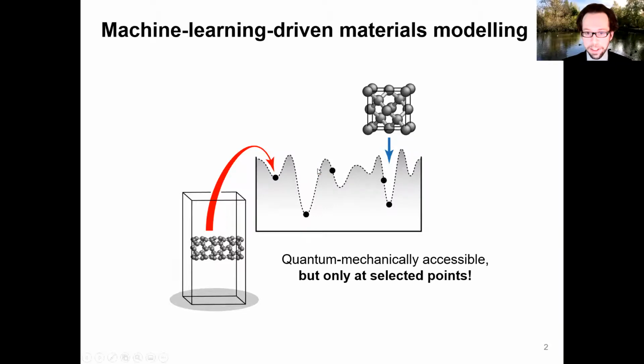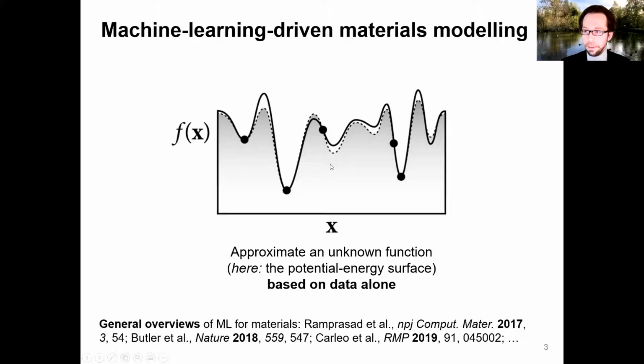Over recent years, one of the emerging topics in the field has been to use what is at first sight a rather non-chemical and non-physical approach: I have a high-dimensional function, in this case the energy as a function of my positions, and I want to infer the shape of this potential energy surface just based on data points. I have a few accurate calculations that I'm able to do. I can't sample the entirety of this surface, but I can sample a couple of points, and I make the best possible fit to these points.